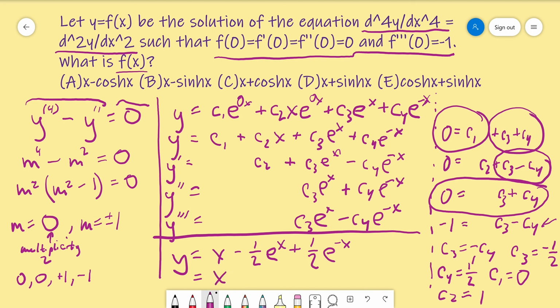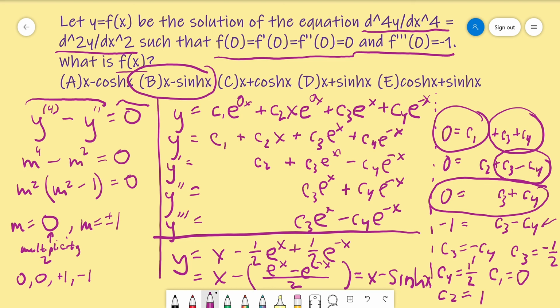If you rewrite this as x minus, and then let's put a little parentheses there, e to the x minus e to the minus x all over 2, well, that thing in the parentheses is just hyperbolic sine, or sinh of x. So our answer is B, x minus sinh x.